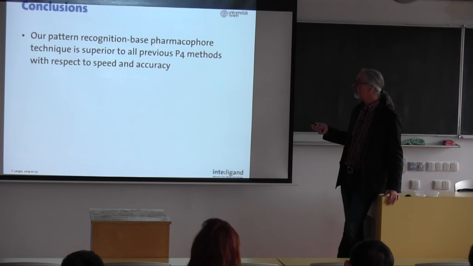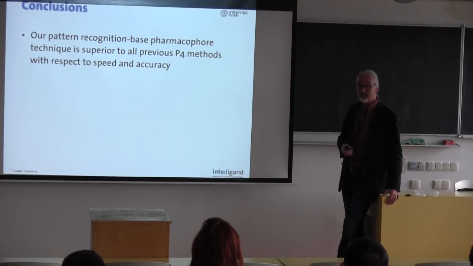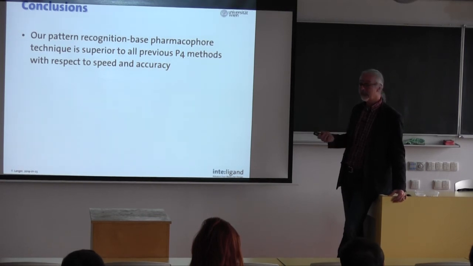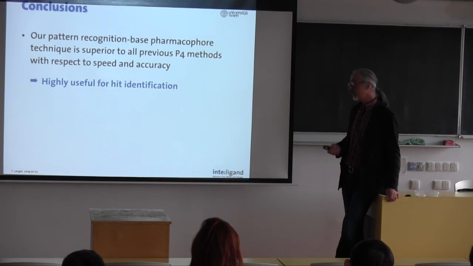I think that this pattern recognition-based technique is really superior to all previous pharmacophore methods with respect to speed and accuracy. And you will see yourself then when we do the training how fast this method works when you screen libraries. So this is highly useful for hit identification.